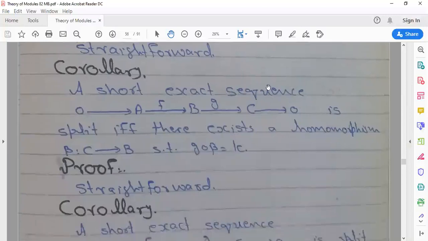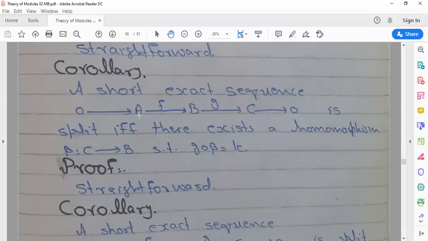A short exact sequence 0 to A, f a function defined from A to B, and g a function defined from B to C, and C going to 0, is split if there exists a homomorphism beta from C to B. Before, in the last corollary, we defined that there exists a homomorphism alpha from B to A.